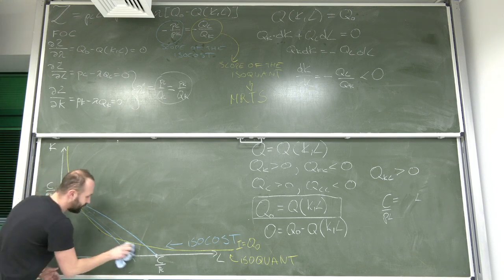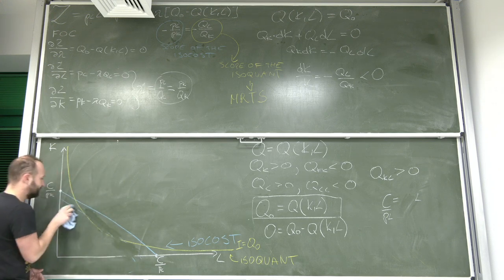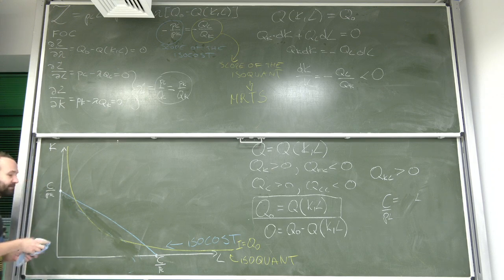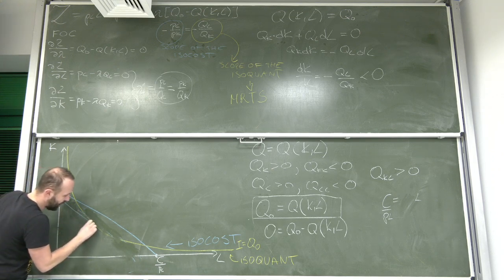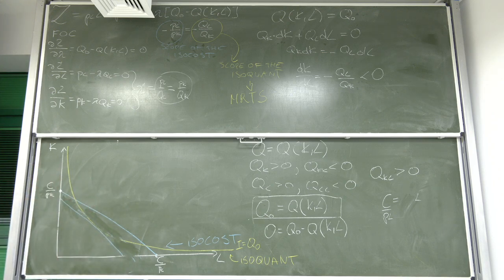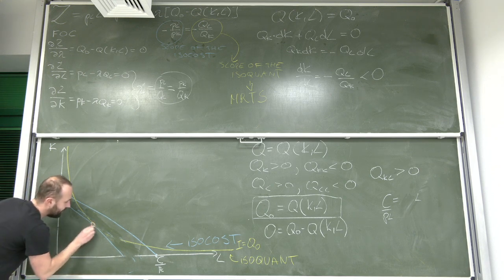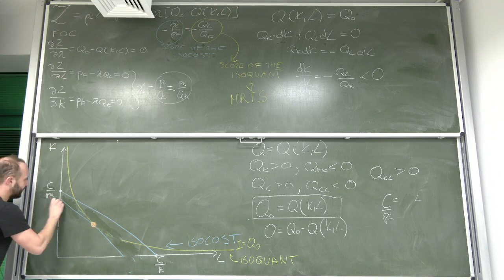Of course, remember that they are 100% straight. They are not curvy, but I'm not a rocket, right? Until we would get to the one that has only one tangency point with that isoquant.